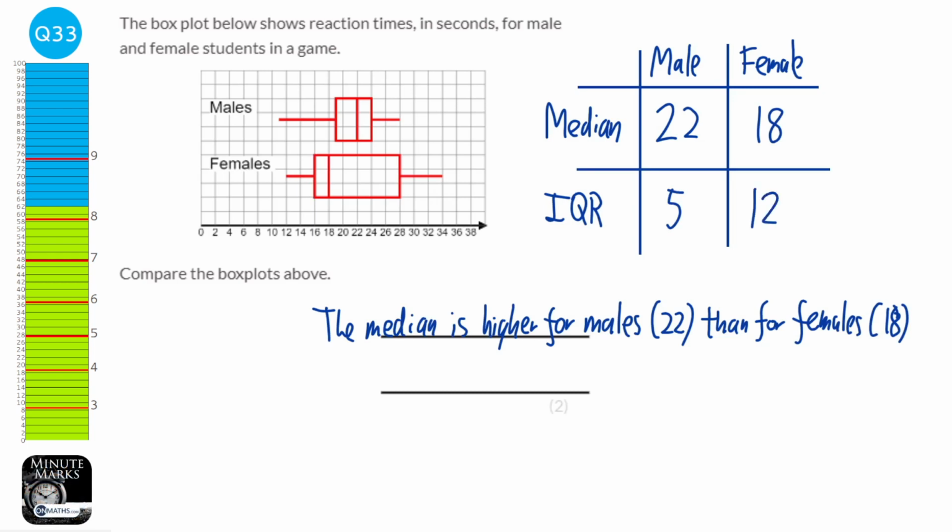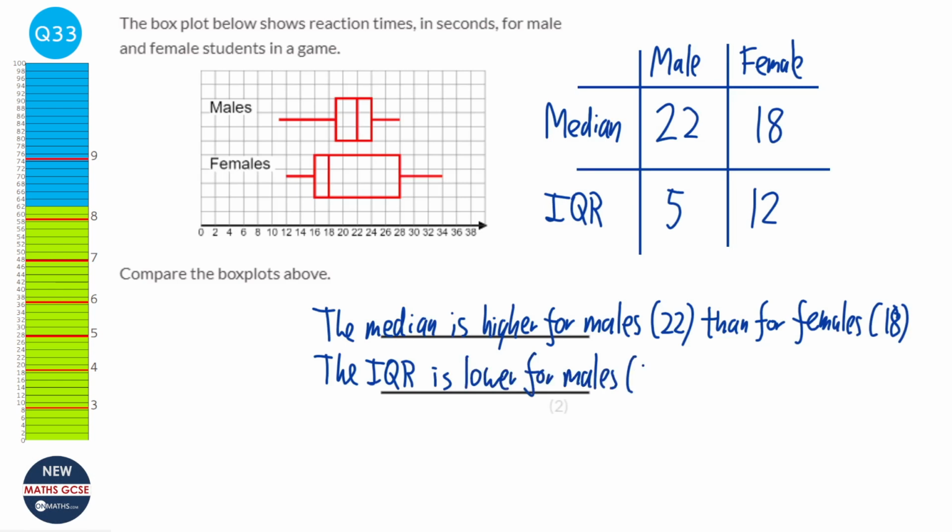So the next sentence we say is: the interquartile range, they don't mind you writing IQR, that's absolutely fine, is lower for males (5) than for females (12).